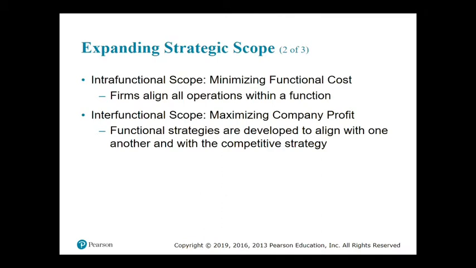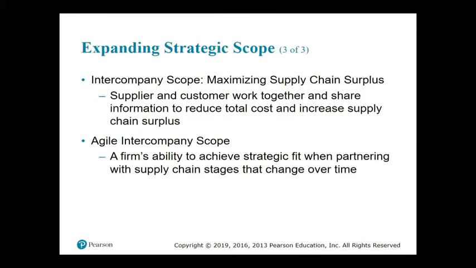But of course, that may be devastating for the other companies, and in the long run, bad for the supply chain. So, on a higher level, we want all the companies, all the stages in the supply chain, suppliers, buyers, and retailers, to work together to maximize the supply chain surplus or the supply chain profit.